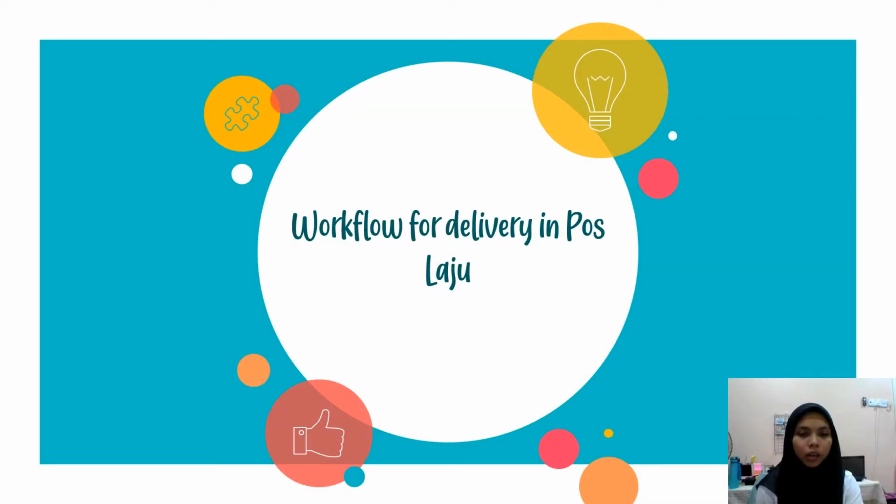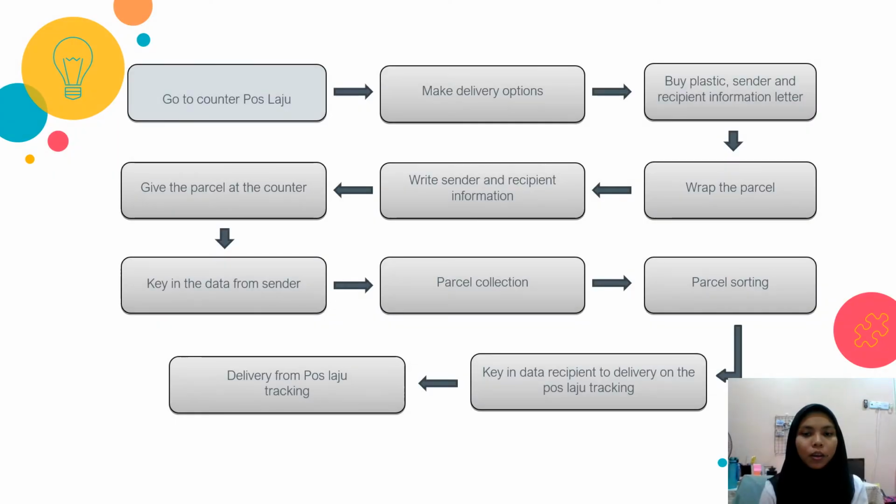Now I want to present the workflow for delivery in Post Laju. First, go to the Post Laju counter and make a delivery option, then buy plastic and sender and receiver information later, and then wrap the parcel. After that, write the sender and receiver information.